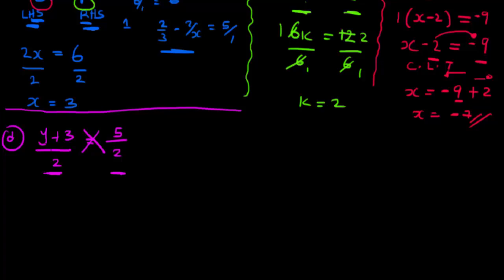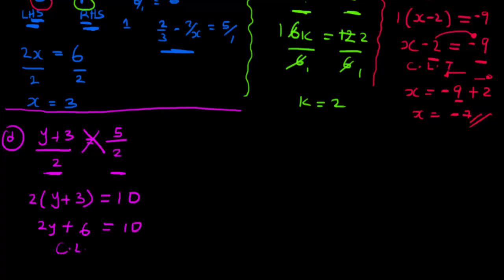Remember what I told you, when you have two entities multiplying a whole number, always put it in brackets. So I have 2 into brackets y plus 3 equals 2 times 5 is 10. Let's open this bracket. 2 times y is 2y plus 2 times 3 is 6, equals 10.